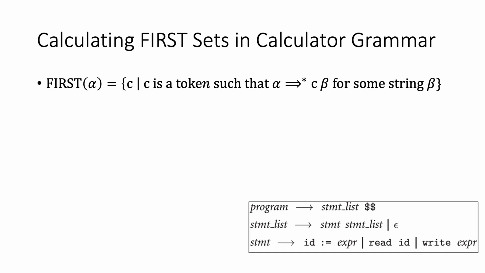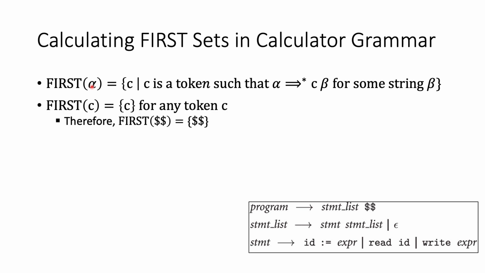Now let's see an example of how we calculate the first set in the calculator grammar. Recall that this is the formula for the first set of alpha, where alpha is any string of terminals and non-terminals, including the empty string.